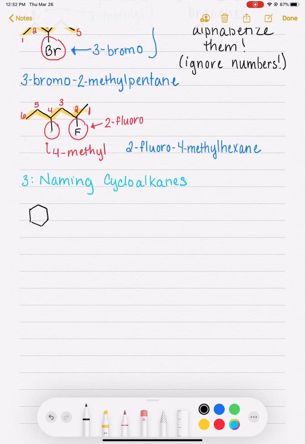So when you're naming a cycloalkane, for the most part, you're going to follow the same rules as you would follow for a straight chain. Let's make this one a little more interesting.